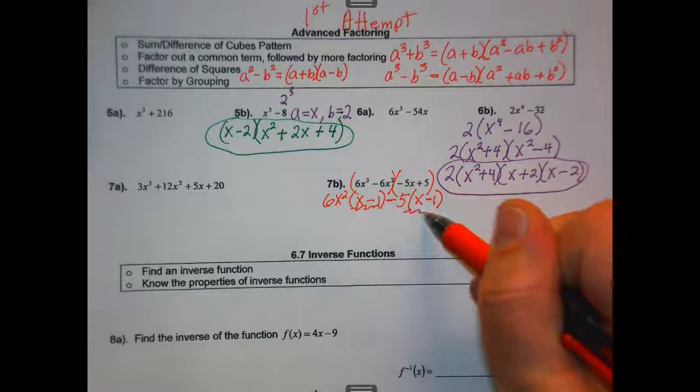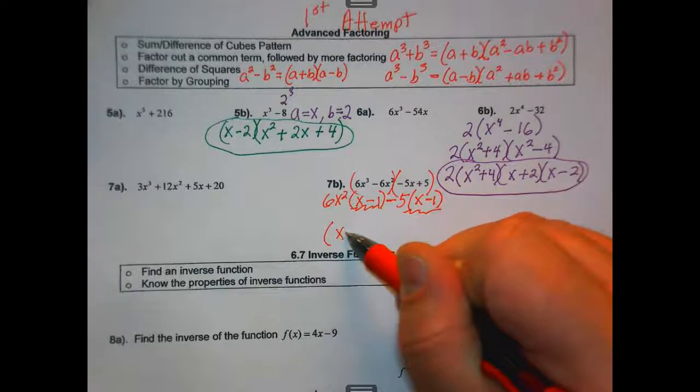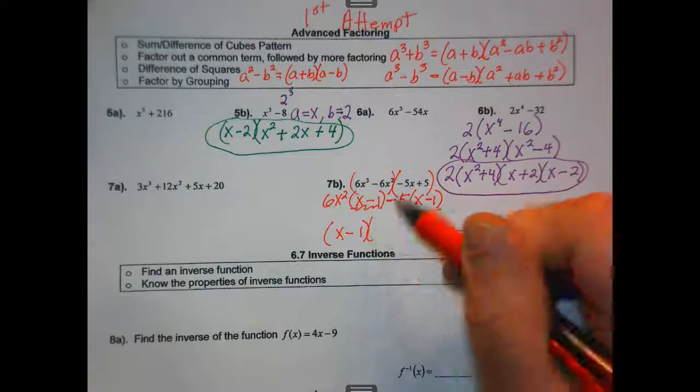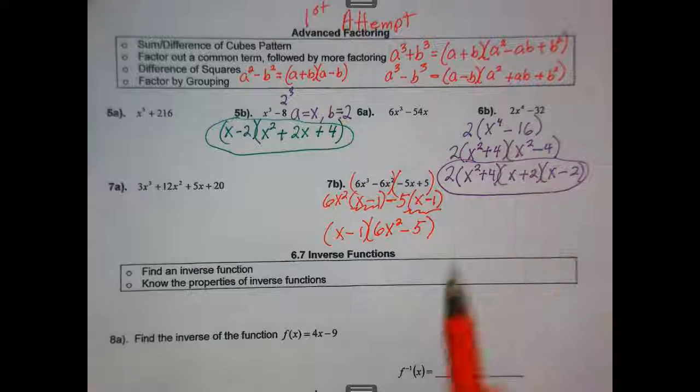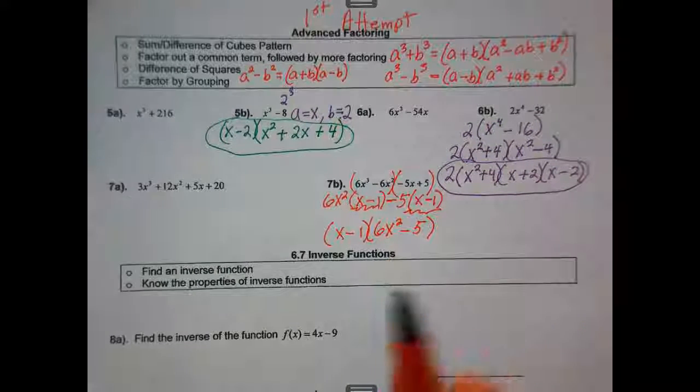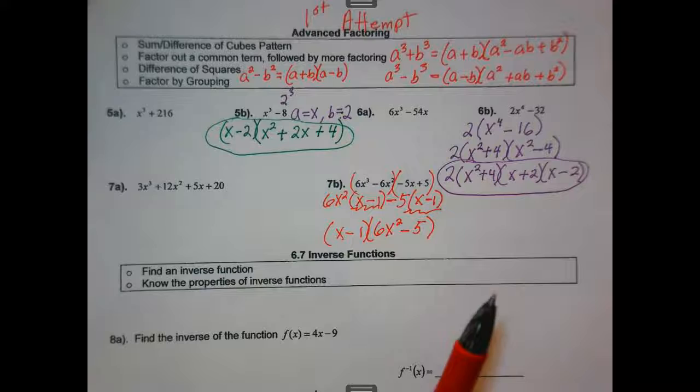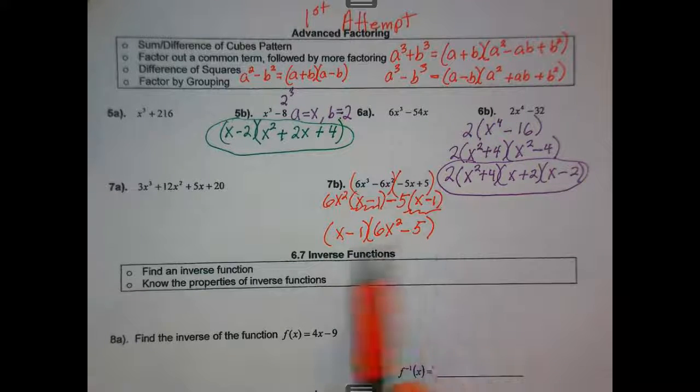So I have my x minus 1. And then my leftovers, 6x squared minus 5. Make sure you can't factor that. No. You can put this, yeah, you can switch them.